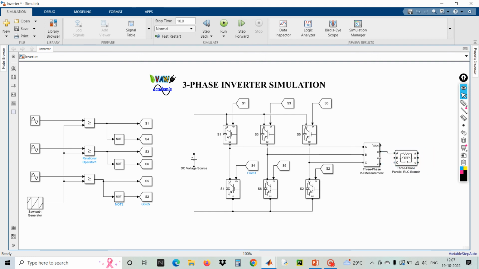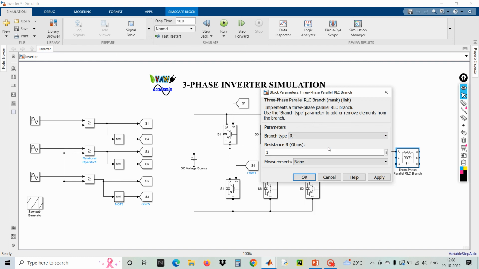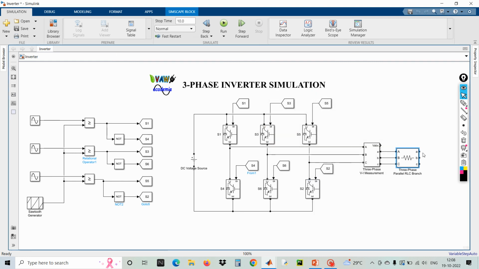We can directly connect A to A, B to B, and C to C. In this three-phase RLC branch, I don't want the inductor and capacitor. I'm just going to keep only the resistive load, and the value of resistance is 1. Let it be. After that, I'm going to short all the terminals of the output, and that should be connected with the ground.